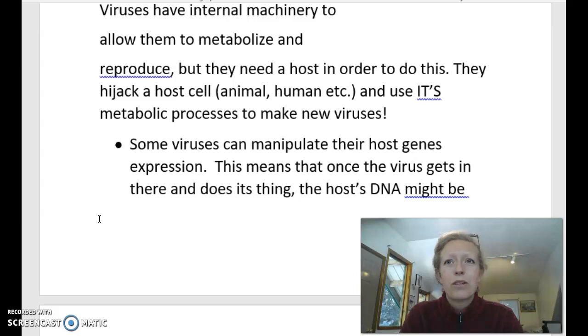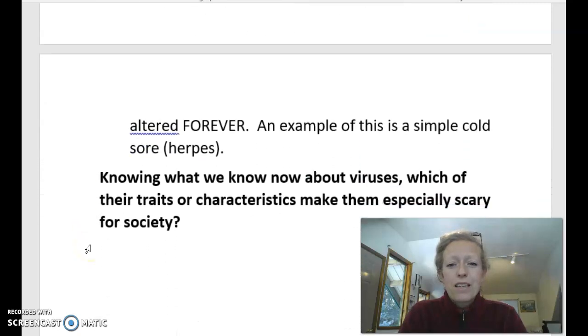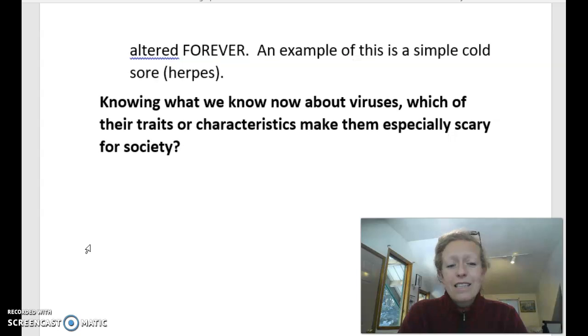So, for example, if you get a cold sore when you're a kid, you are now a host for that virus, and you might even continue to get cold sores because that virus, even though you're not actively having a cold sore all the time, is in your body and has manipulated your DNA. So that virus is with you maybe forever. And that's kind of a crazy thought.